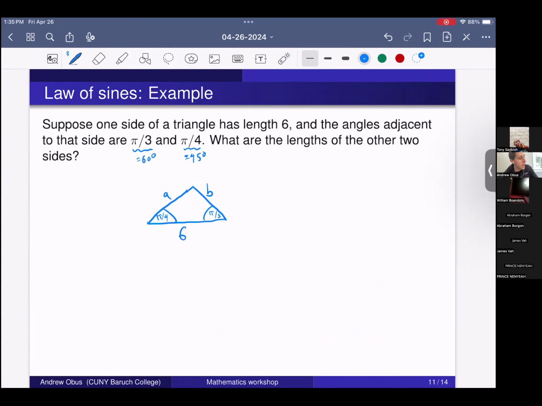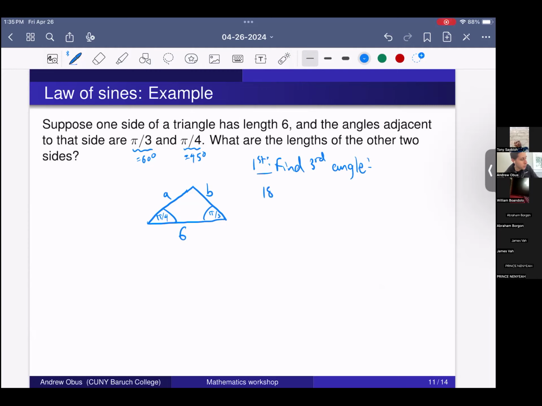So the first thing that you do when you have one of these law of sines problems, when you have to find the other sides, is you first figure out the third angle. That's very easy, right?